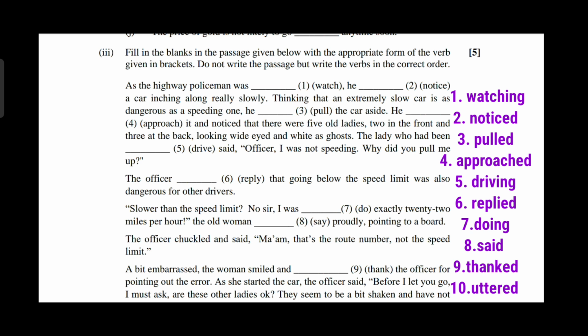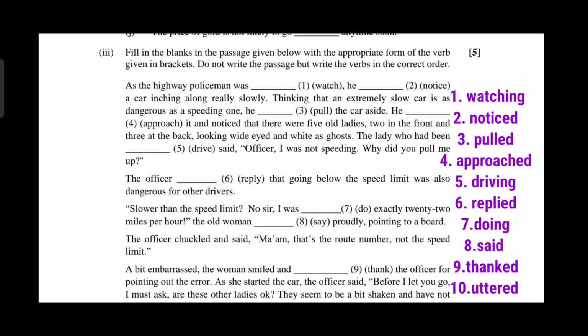He approached it and noticed, again another hint that the passage is going to be in the forms of past tense, he approached it and noticed that there were 5 old ladies, 2 in the front and 3 at the back, looking wide-eyed and white as ghosts.